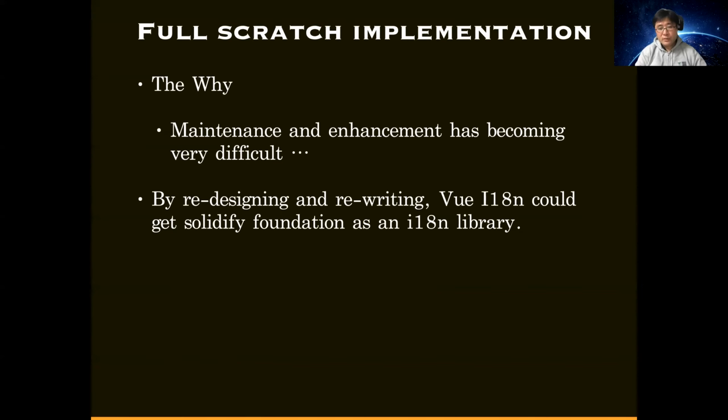As a result, the Vue I18n code became spaghetti code that is difficult to maintain. So from that reflection, Vue I18n version 9 has been designed to be maintainable and extendable, and rewritten from scratch.